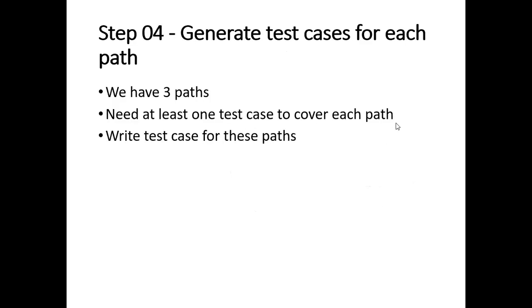The only thing is you are learning those things with technical terms. And as the 4th step, we have understood that we have 3 paths and we know what nodes we are going to pass from each path. Then we can develop at least one test case to cover each path. So in that case, we can have 3 different test cases, right?